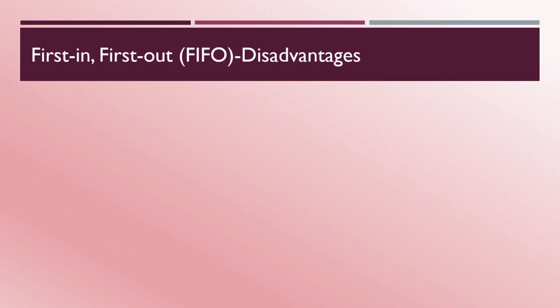Now let's see what are the disadvantages of FIFO method. It recognizes the paper profit. Paper profits are unrealized profits. In the time of inflation, FIFO will show increased profit, though this may only be on paper.